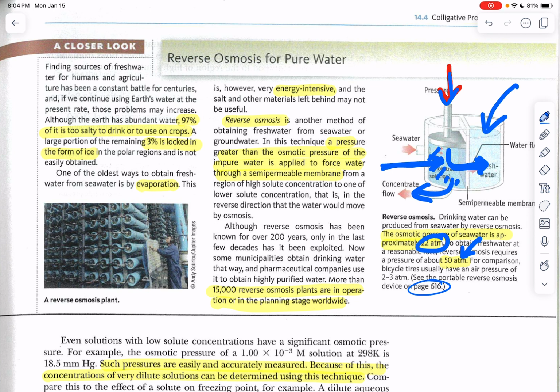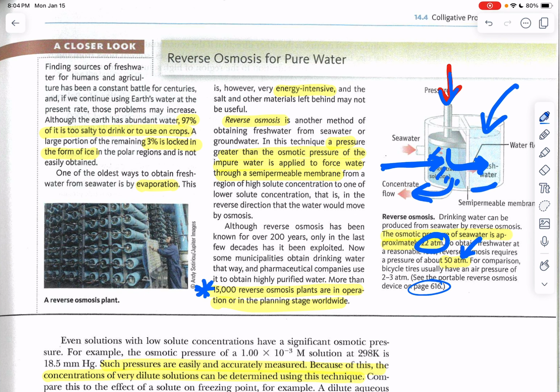Obviously, if you're doing it by hand, you'd only need a little bit more pressure than 22 atmospheres to make the little bit of water come out on the right side for you to drink. It says here that you've got more than 15,000 reverse osmosis plants in operation worldwide. And I'm sure since the printing of this book that that's many thousands greater than that.